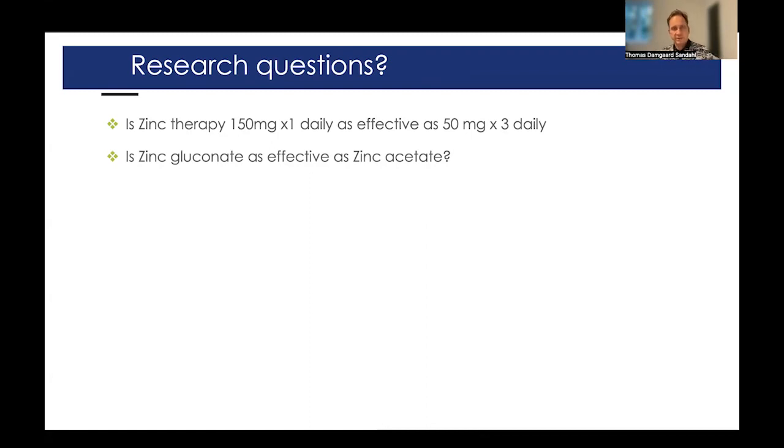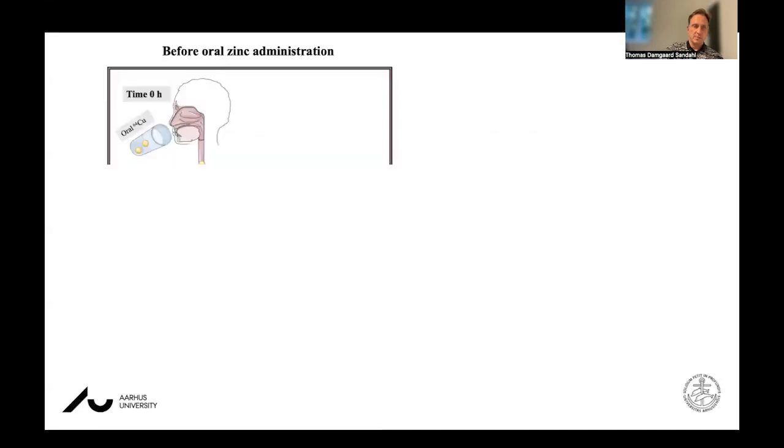And this is, of course, in the interest of the patient. Could you just collect all the pills in the morning, and that would be just as efficient? So that was the first research question, and the second was, is zinc gluconate as effective as zinc acetate? These questions we put into one study, and we tried to answer them by PET-CT.